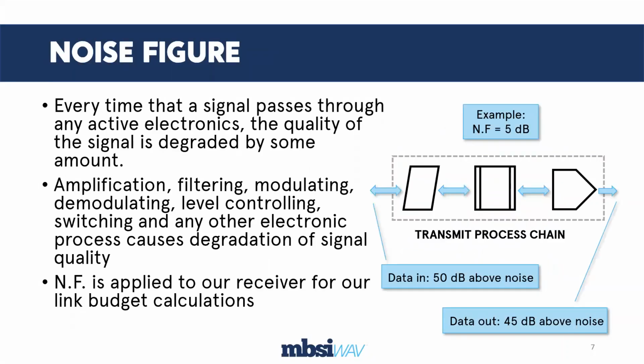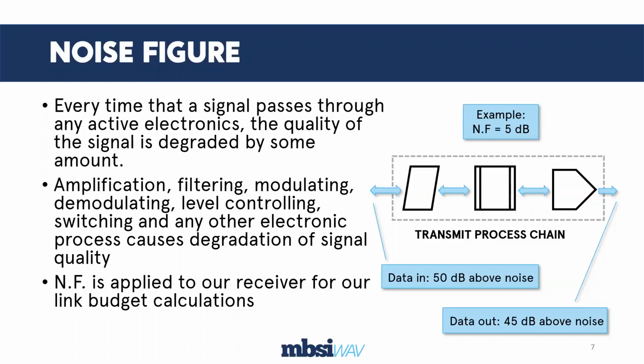Now, every time that we do something with a signal, we amplify it, we mix it with another frequency, we filter it, we modulate it or we demodulate it, whatever the case happens to be, the signal to noise ratio at the beginning of our process is always a little bit lower at the end of our electronic process, whatever that process happens to be.